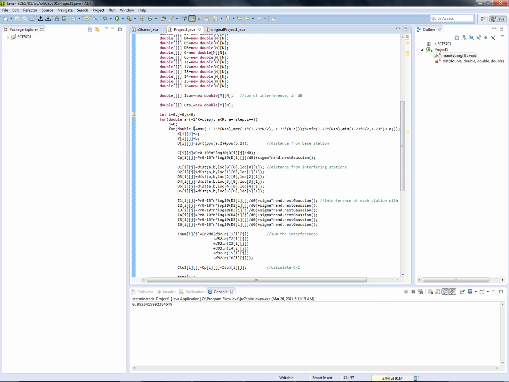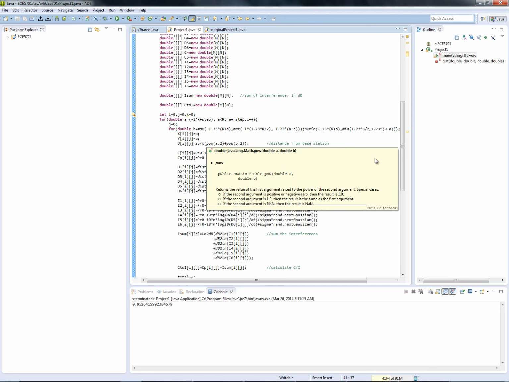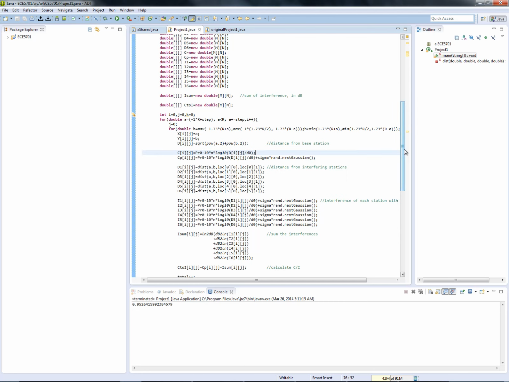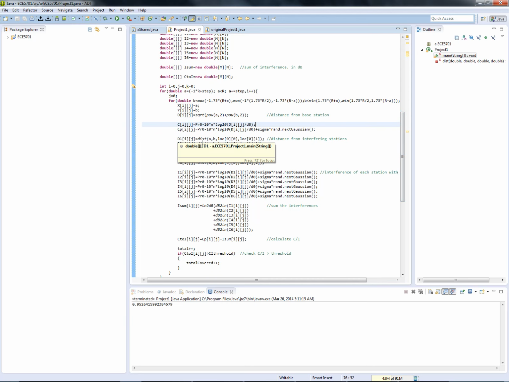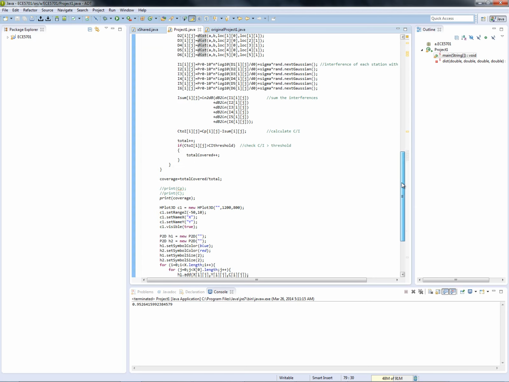I also had to add in a few more lines to be considered for the upper bound and lower bound for the y coordinate for the hexagon receiver locations. And then after that I had to include the equations for determining the distance for each of the interfering base stations, for which I added my own distance function down here.